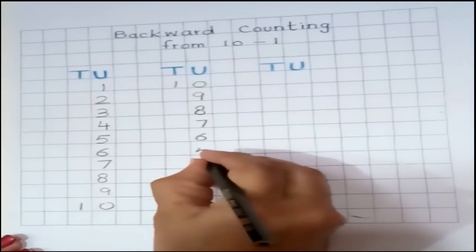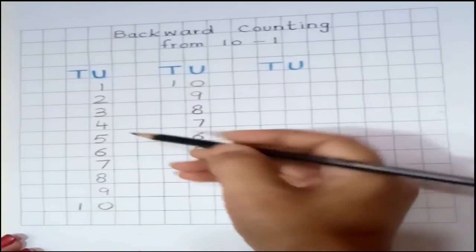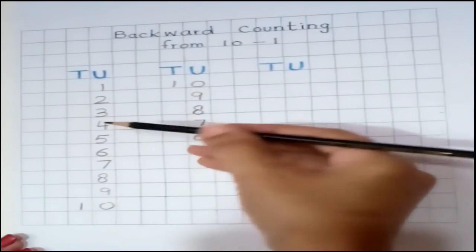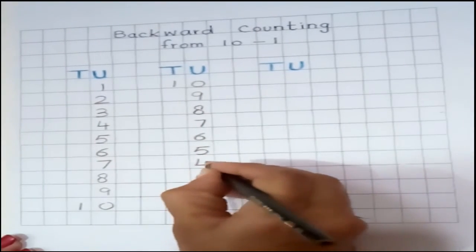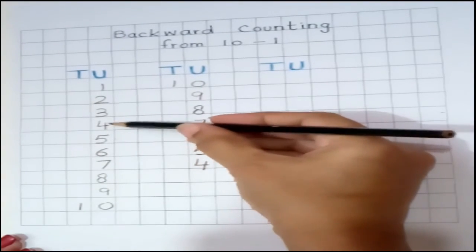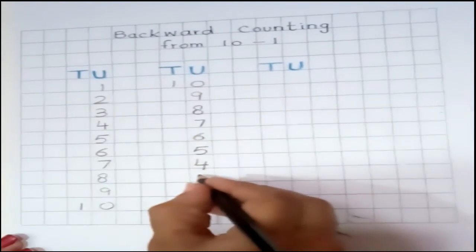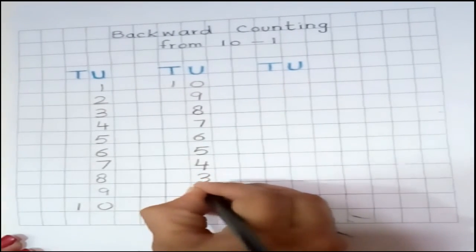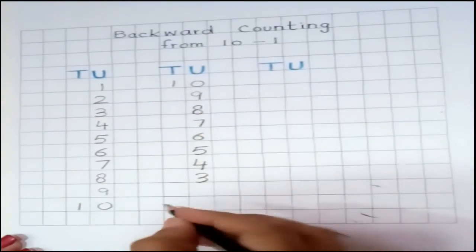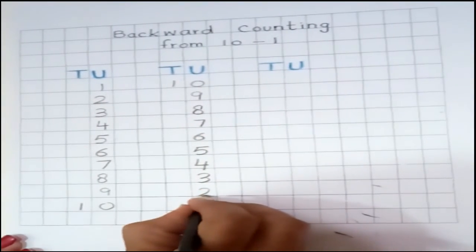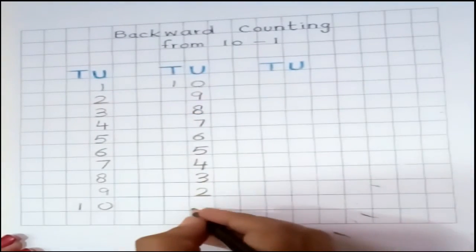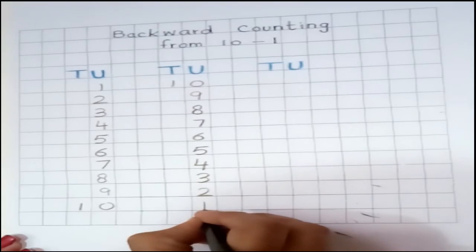Write 5. What comes before 5? 4. Write 4. What comes before 4? 3. Write 3. What comes before 3? 2. Write 2. What comes before 2? 1. Last number is 1.